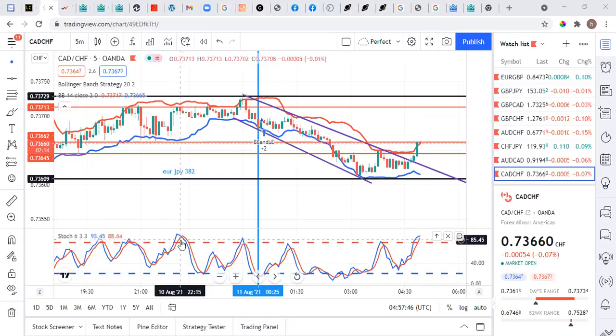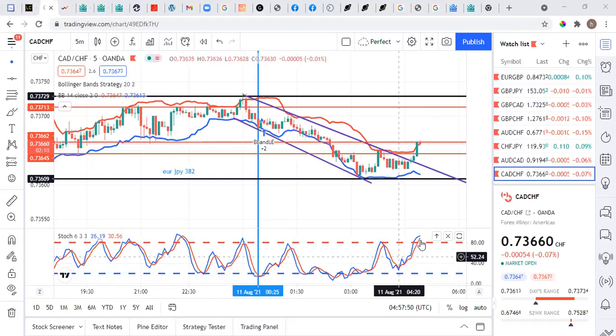This one is almost crossing now. Very soon the red line is going to cross the blue line and be above it, just like it is here. When it's coming up, the blue line will be above the red line. That's for a buy. When the red line is on top, you sell.